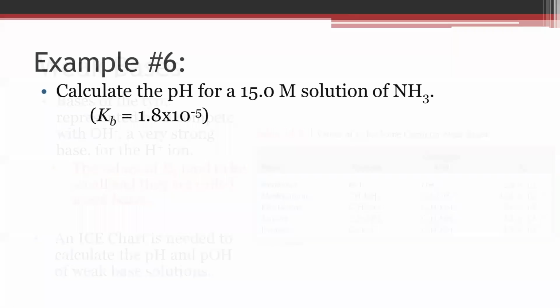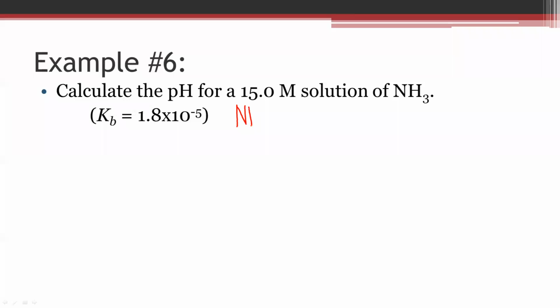Okay, so let's just see how it has that extra step. We want to calculate the pH for a 15 molar solution of ammonia. That is very strong, with a Kb value that's given. Remember when we write out our expression, we always have to include water because that's the way that you create hydroxide.